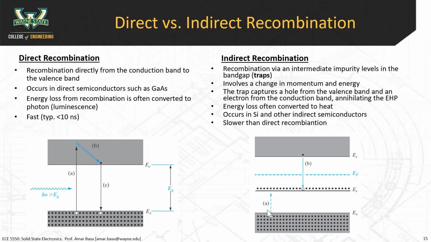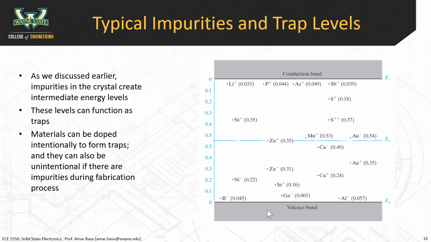All right. These are typical impurity and trap levels. There was something like this on the previous module as well, but I thought this would be helpful for you to see again. Lithium, phosphorus, arsenic, antimony. These are all materials that are common N-type dopants.